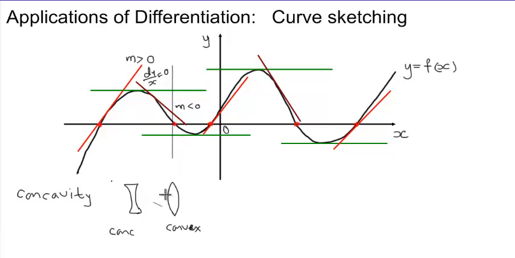Somewhere between those two points there, the turning point and this zero here, there's somewhere where the curve tilts all together and changes from convex to concave.